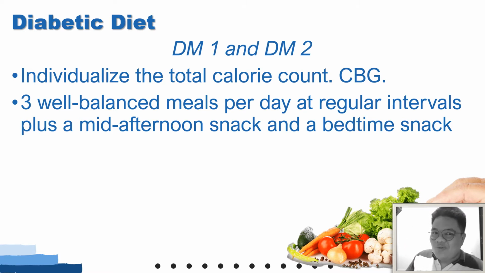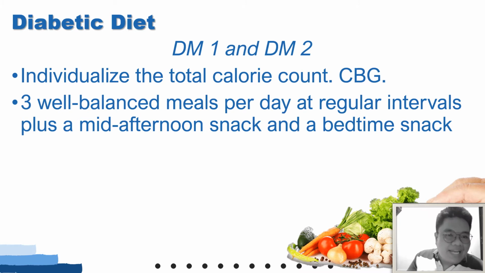In other words, he needs insulin. He depends on insulin. For that reason, class, your DM1 is the type of diabetes wherein there is already destruction of pancreatic cells. Pancreatic cells are destroyed, zero insulin at all. That's why your DM1 is referred to as insulin-dependent diabetes mellitus.